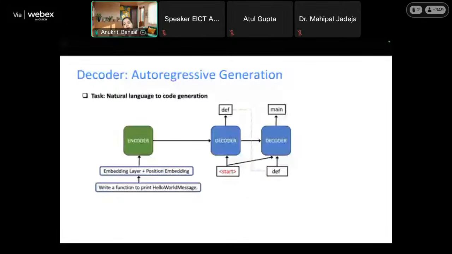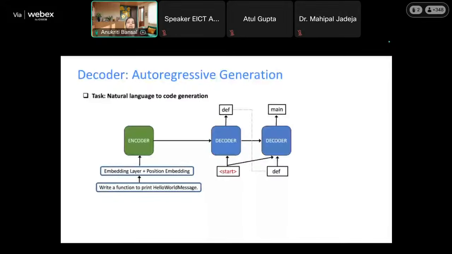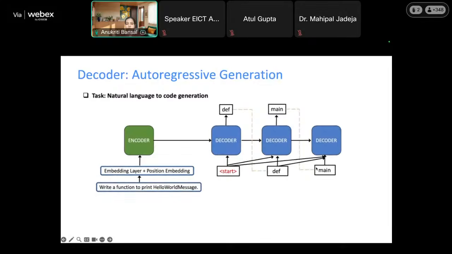That means whatever output or token is getting generated is used as an input, and then the next token will be generated. Whatever token we have generated will again be concatenated with the input tokens, and then the third token will be generated. So each step generates one token, and that token is appended to my input to generate the next token.